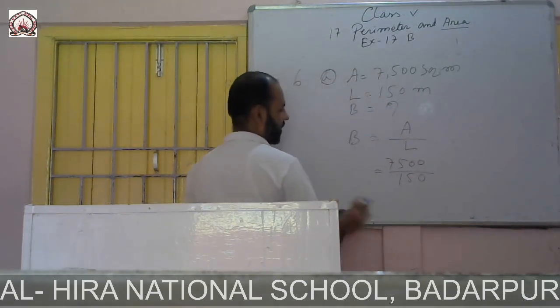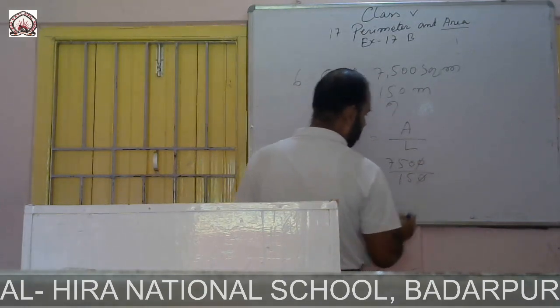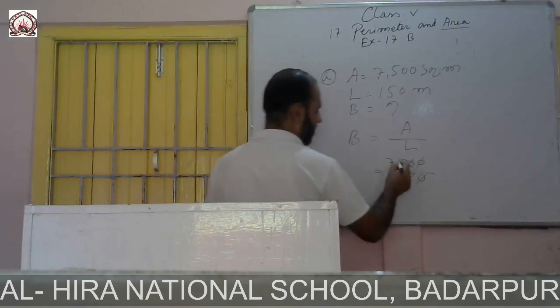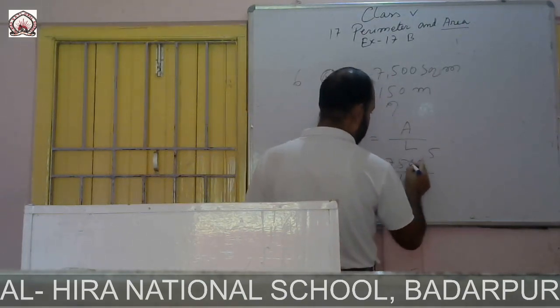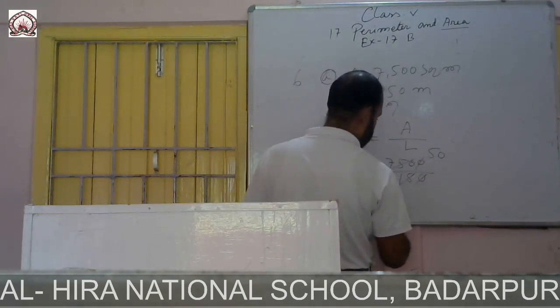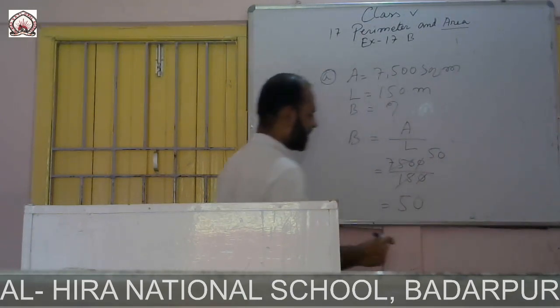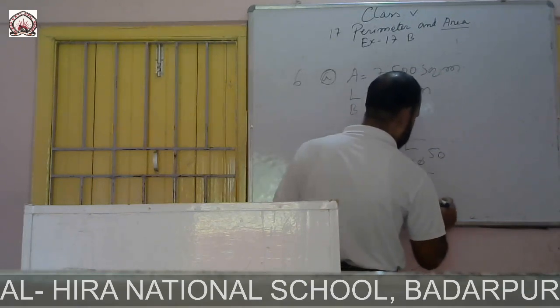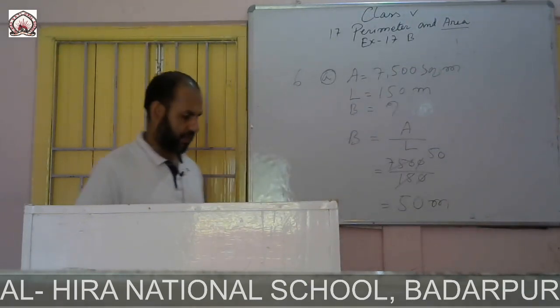So we cancel the 0s, and 15 1s are 15, 15 5s are 75, and 0 remains. Answer is 50 meter. So breadth equal to 50 meter.